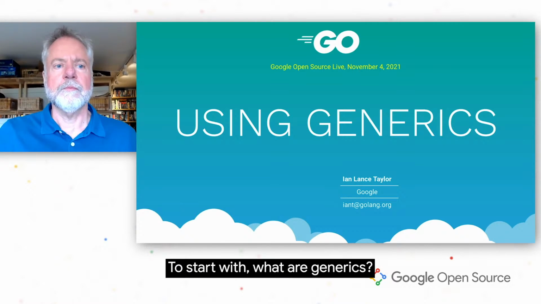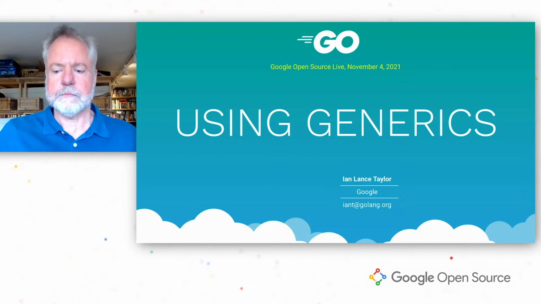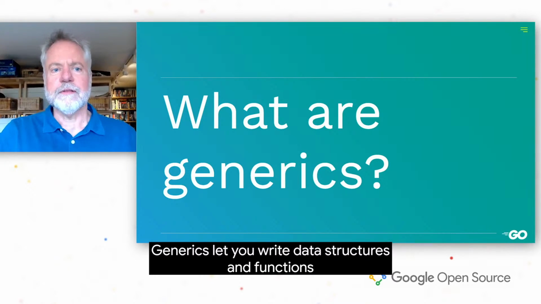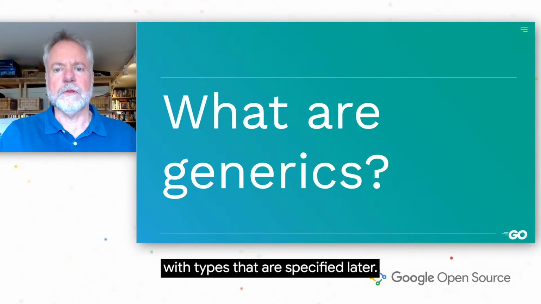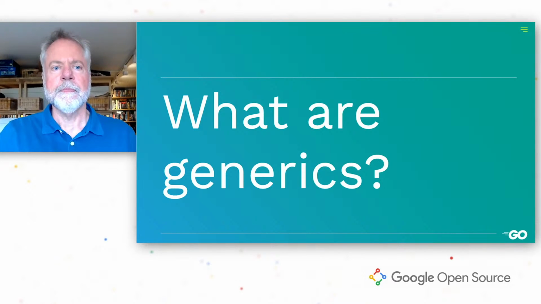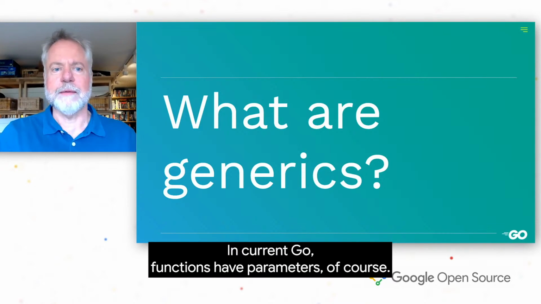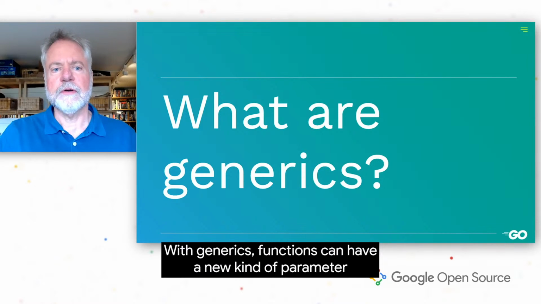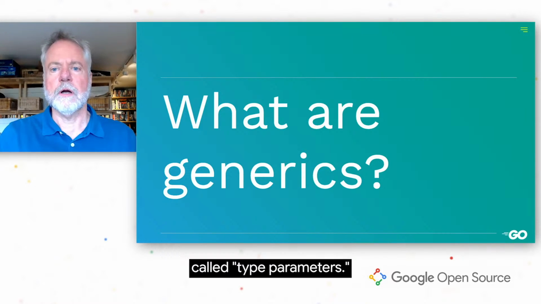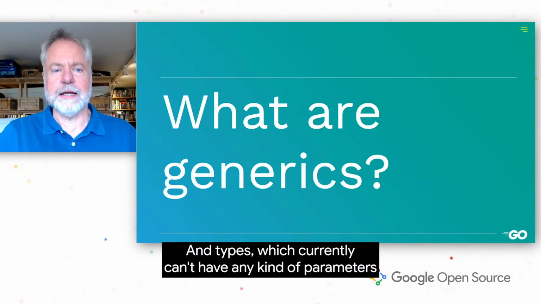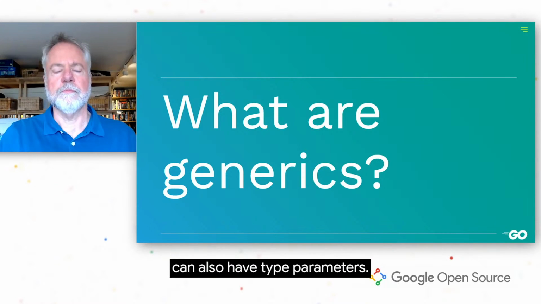To start with, what are generics? Generics let you write data structures and functions with types that are specified later. In current Go, functions have parameters, of course. With generics, functions can have a new kind of parameters called type parameters. And types, which currently can't have any kind of parameters, can also have type parameters.